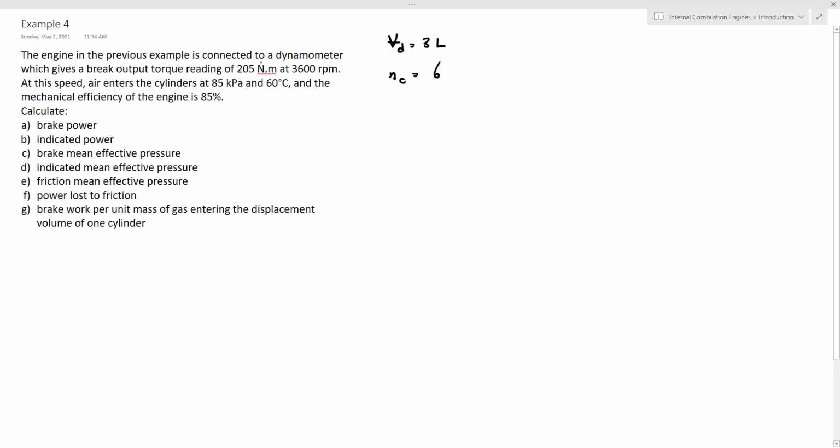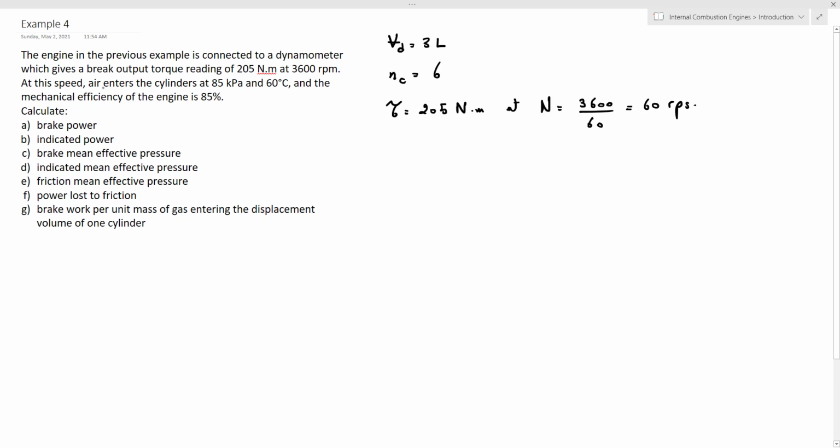Now this engine is connected to a dynamometer which gives a brake output torque reading of 205 newton meters at 3600 rpm. So the torque for this engine is 205 newton meters measured at an engine speed of 3600 rpm, which divided by 60 will be equal to 60 rps.